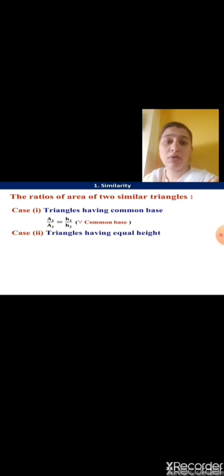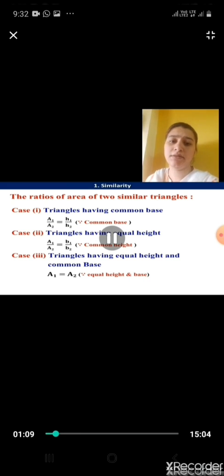Triangles having equal height, that is A1 upon A2 is equal to B1 upon B2, since it has a common height. And third, triangles having equal height and common base, we'll write A1 is equal to A2, since equal height and base.